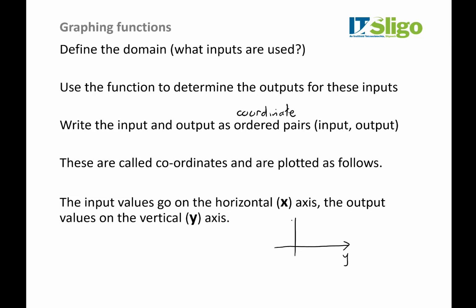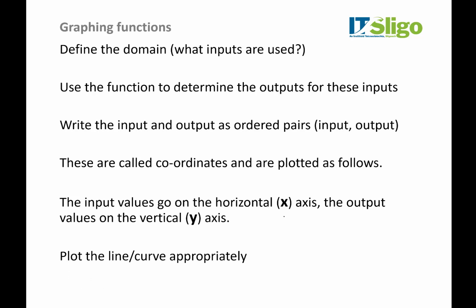If you draw your graph like this with the inputs on the vertical and the outputs on the horizontal, well, first of all, your graph is completely wrong, but you're really telling the world that you don't know what you're doing. So it's kind of a huge mistake in the world of science to mix up your axes. It's a good way of getting any research you do rejected instantly.